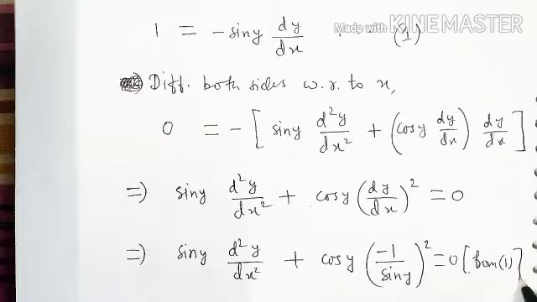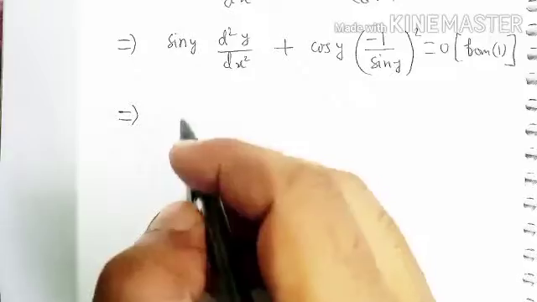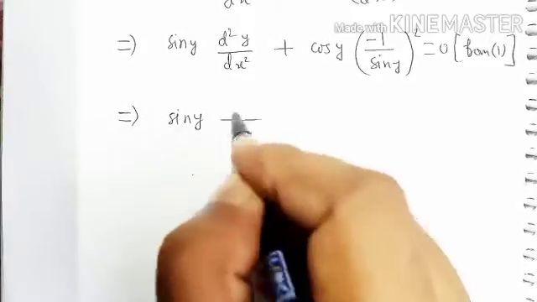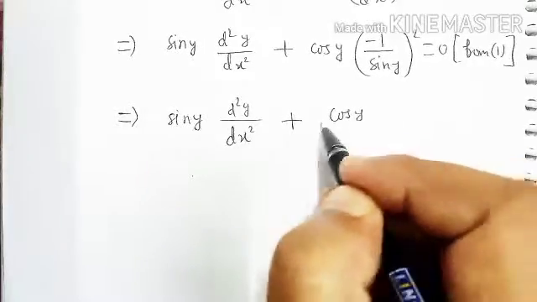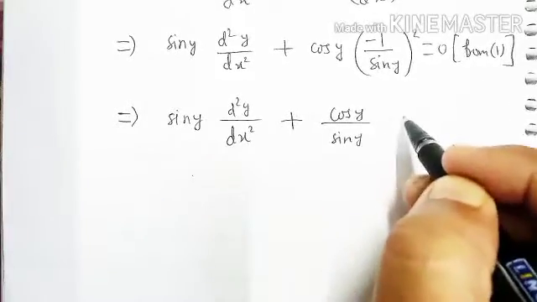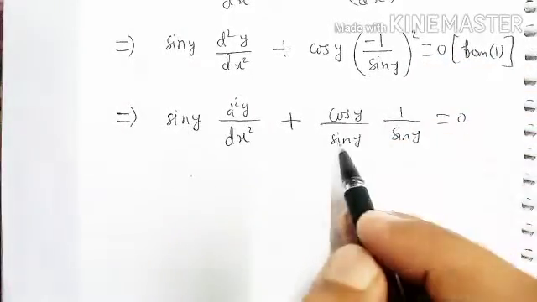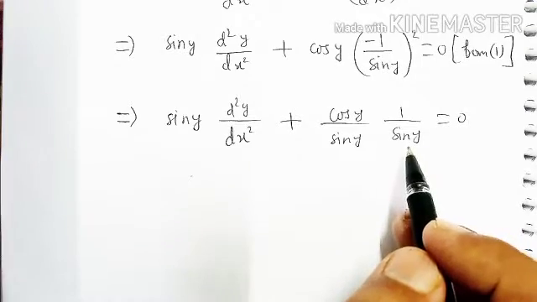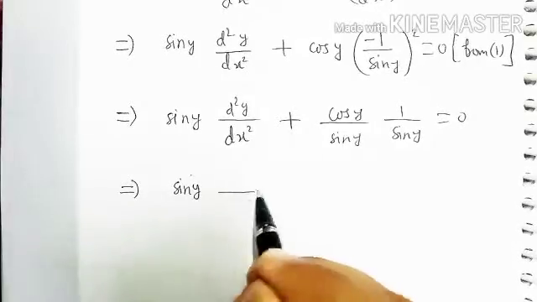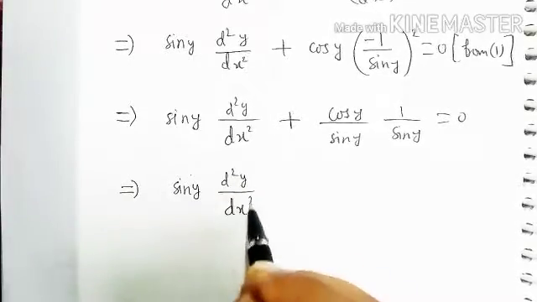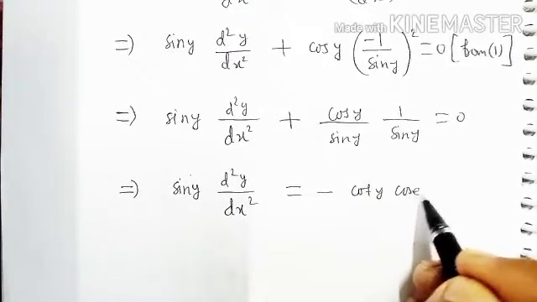This implies that sin y d2y by dx square plus cos y by sin y into 1 by sin y, which gives 1 by sin square y, is equal to zero. So sin y d2y by dx square is equal to minus cot y cosec y.